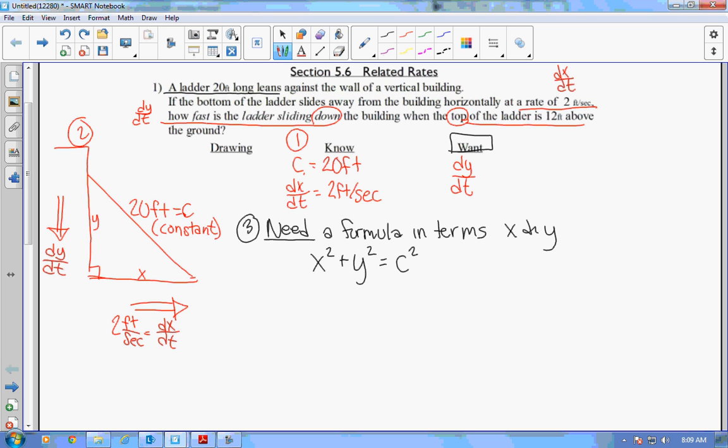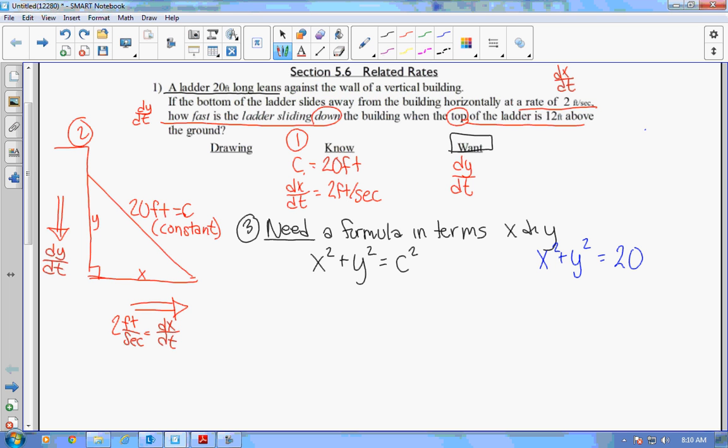Exactly. Yep. So we know it's okay to plug in the constant early, but you can't be plugging in the changeables, like the rates of change, early. So we know y squared equals 20. I'm going to solve it for x and then plug it in, so then everything is in terms of y.